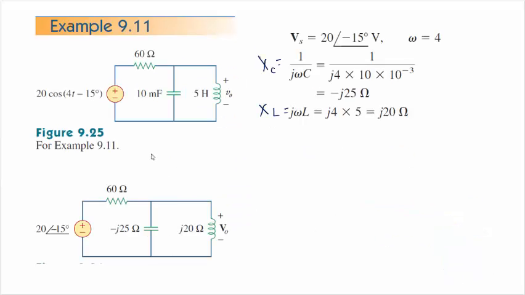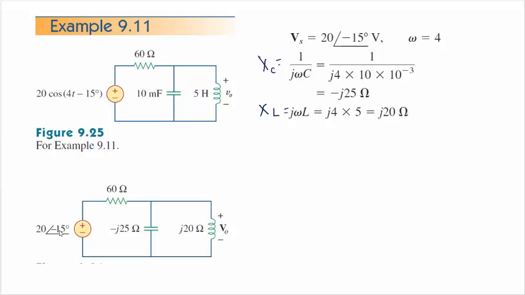One more example. I like this example. So here's the time domain circuit, and it says figure out what Vout is, and it's given to you in the time domain. To analyze it and find out what Vout is in the steady state, versus the transient response, mind you, the first thing you do is take this time domain circuit and convert it into the frequency domain down here.